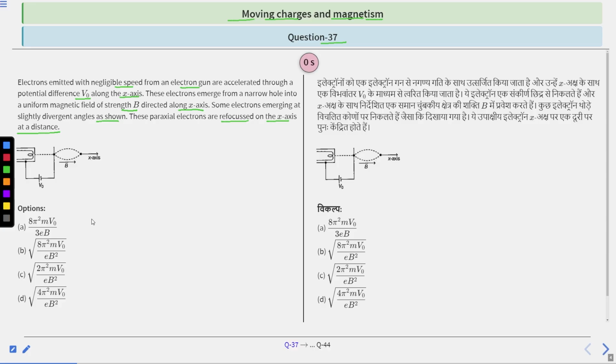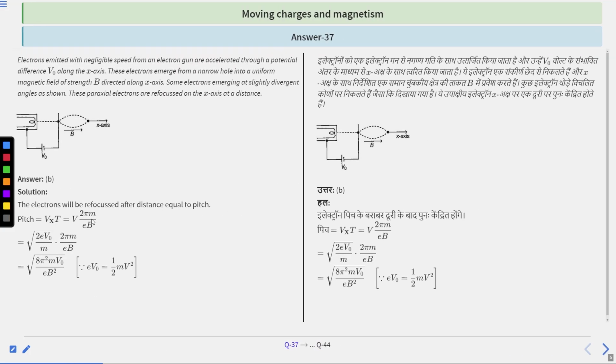Let's find a solution. According to the question, electrons from an electron gun are accelerated through a potential difference V0. As shown in this image, the potential difference is V0 along the x-axis, and the electrons emerge from a narrow hole.